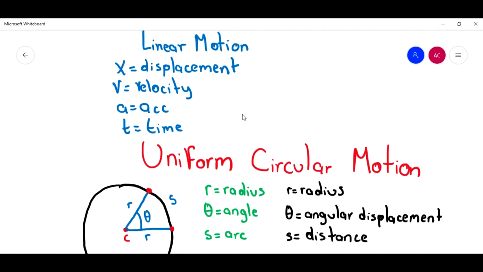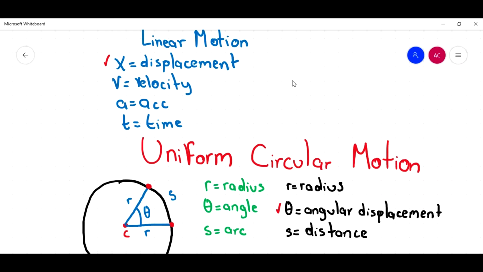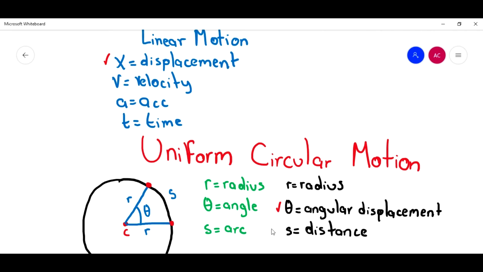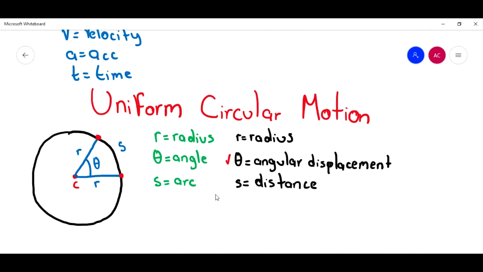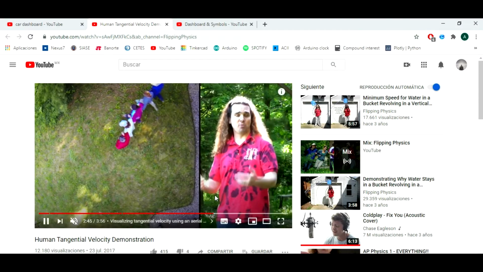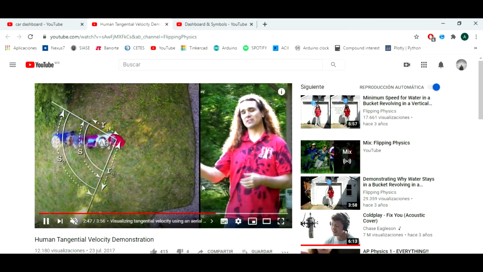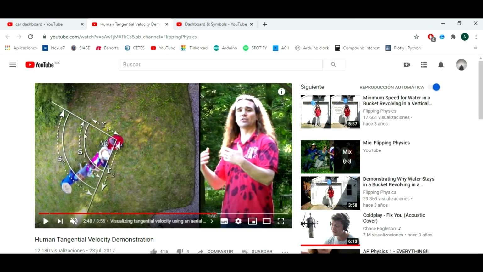I have the displacement in the linear motion and the angular displacement for circular motion. When I'm talking about angular displacement, I'm talking about the degrees. For example, in this video, this over here is the angle, and all of them travel the same angle.